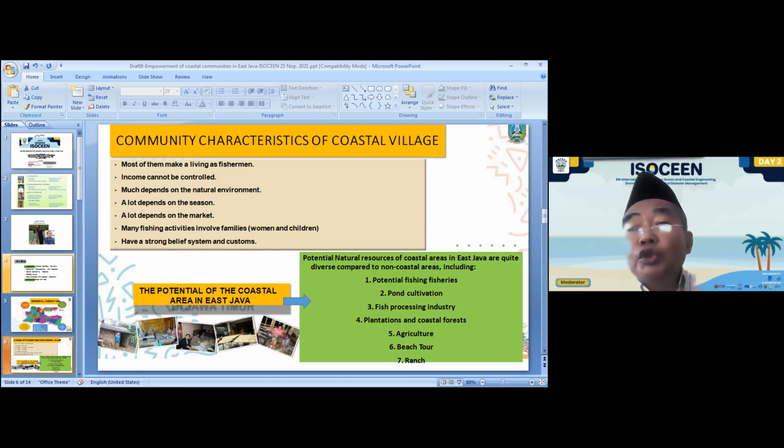This is a new one, a recent trend. Every area wants to make the coastal zone beautiful.